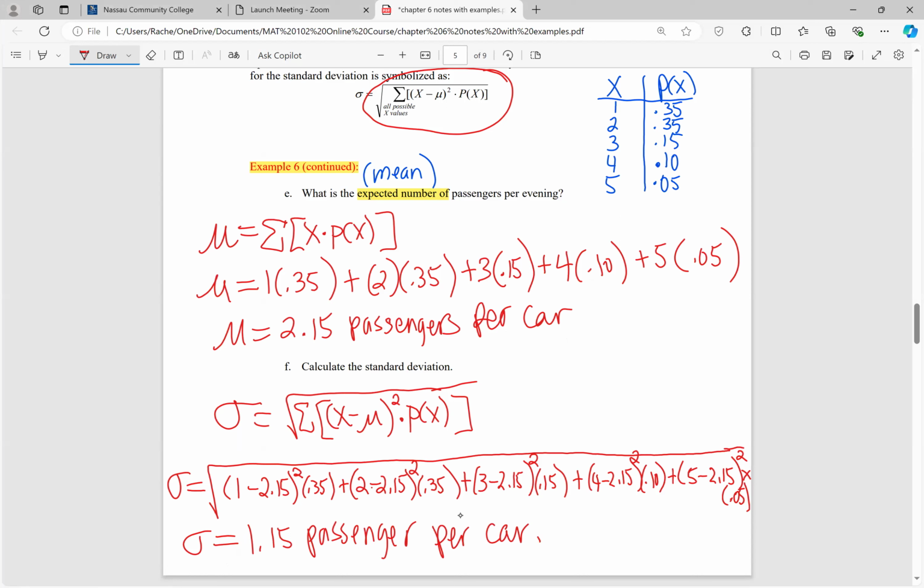In the next video, I'm going to show you how to use the calculator to get these same answers without having to go through the work of using the formulas. We do have a function in the calculator that'll let you calculate the mean and the standard deviation very quickly. And then we'll do another example.